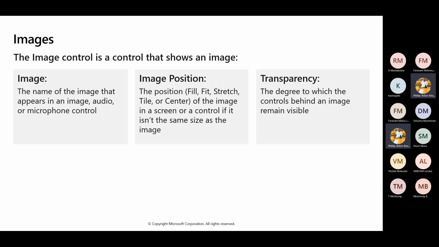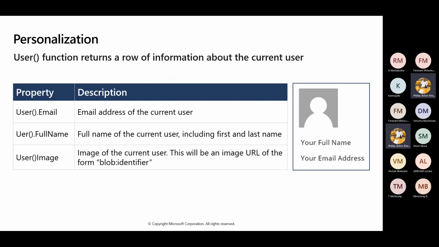And you also have transparency. So transparency would be the degree to which the controls behind an image remain visible. So, if you don't want your image to be completely visible, you can alter the transparency property of that image, right?